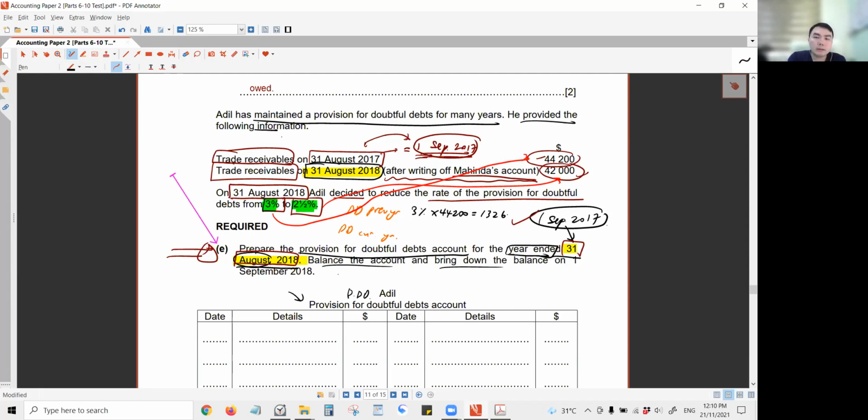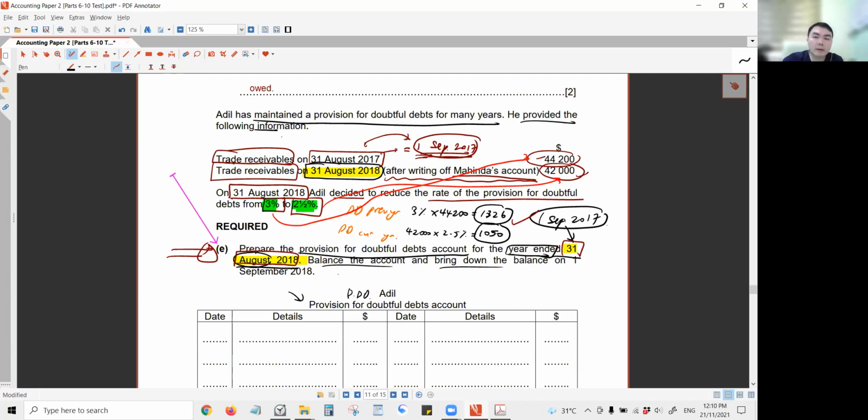Then the current year's year-end doubtful debt, 42,000 times 2.5%: 1050. These two amounts are doubtful debts amounts. One is for the previous year, another one is for the current year.